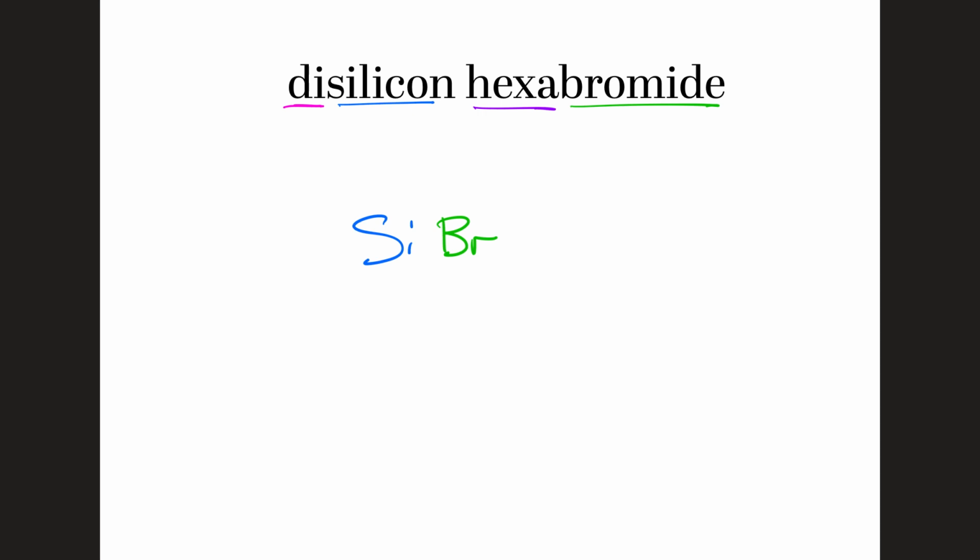So now let's look at the prefixes to figure out these subscripts. The prefix for silicon is di, which means that the subscript is going to be 2. We look at the prefix on bromide, which is hexa. Hexa is 6, so that means the subscript for bromine is going to be 6. So our completed formula for disilicon hexabromide is Si2Br6.